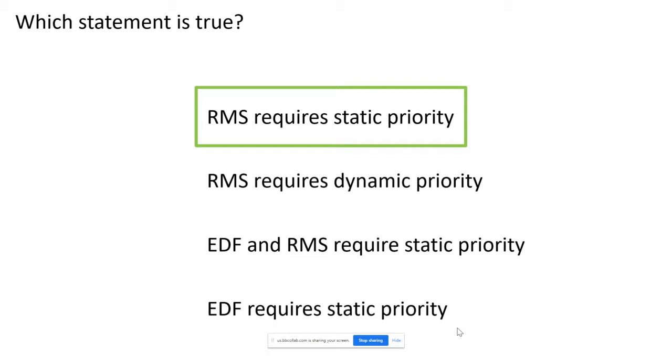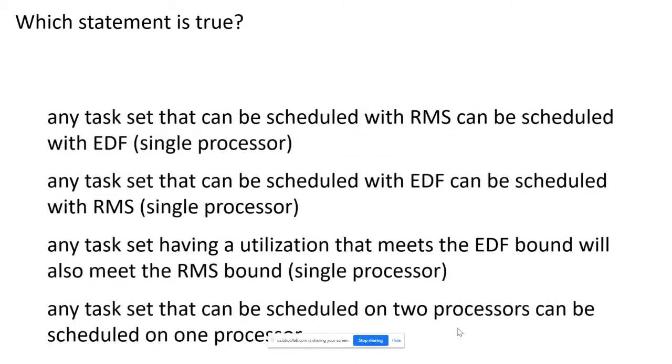I did code up those examples that generate the waveforms that I used in lecture, and those used EDF, and I found that to be pretty tough even with the small toy problems. But the word on the street is that EDF is impractical to implement, and so RMS is generally the state of the art for real-time periodic scheduling because of its static priority.